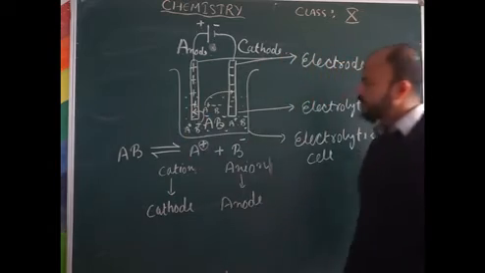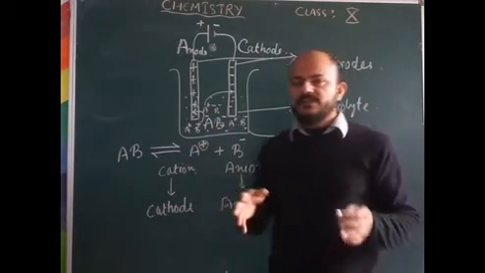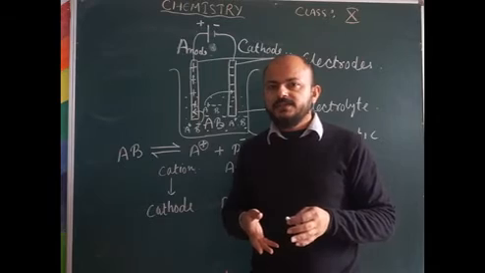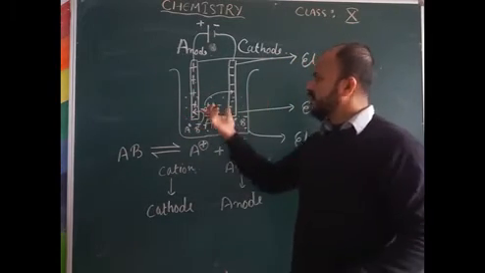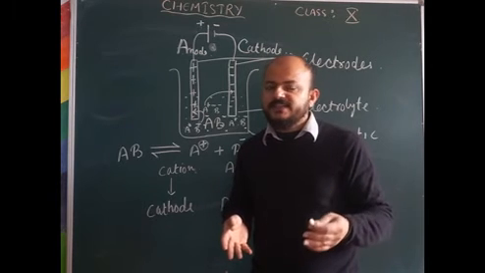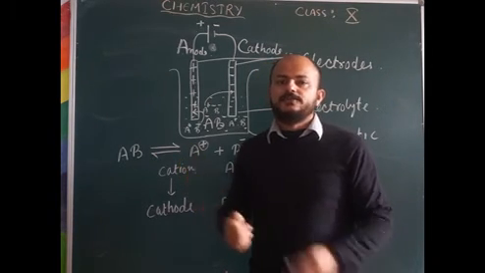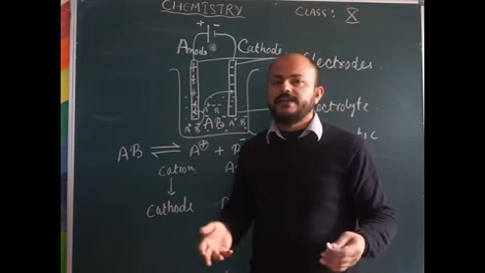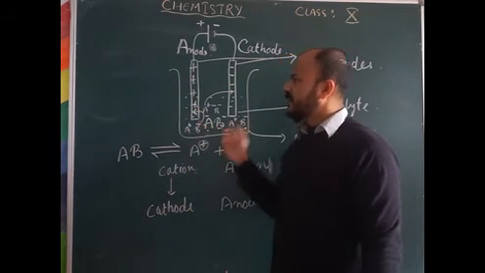So very simple. Let me tell you once again. Once electric current is passed through the circuit, here inside the electrolytic cell, the electrolyte dissociates into positive and negative ions. Positively charged ions are known as cations, and cations will be going to the cathode, anions will be going to the anode. This is how the reaction takes place in this electrolytic cell.